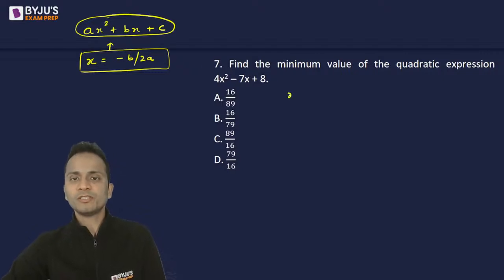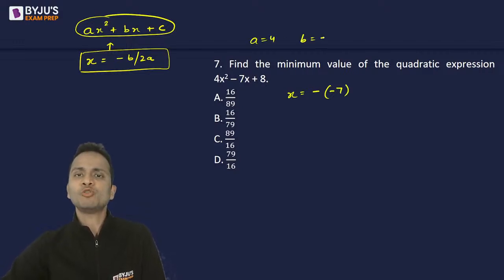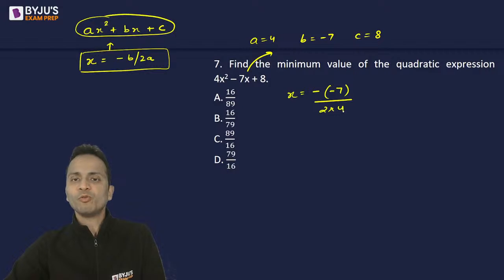Now for this equation, the value of x will be minus of minus 7. Now here a is equal to 4, b is equal to minus 7 and c is equal to 8, right? Okay, so minus b upon 2a will be minus of minus 7 upon 2 into 4, that is 7 upon 8.